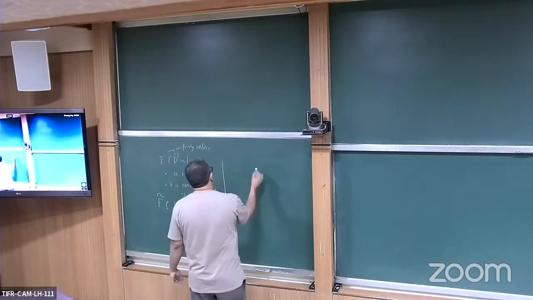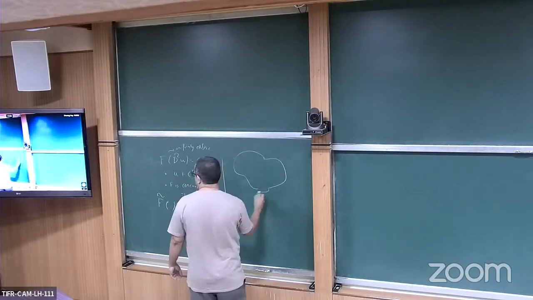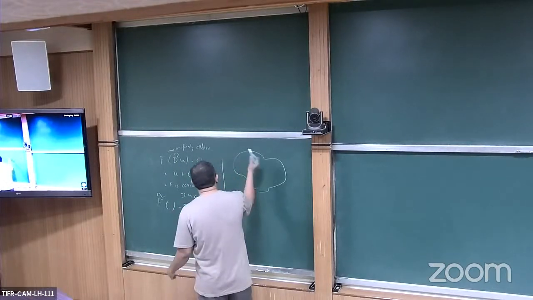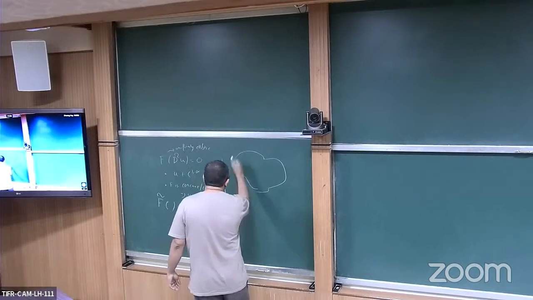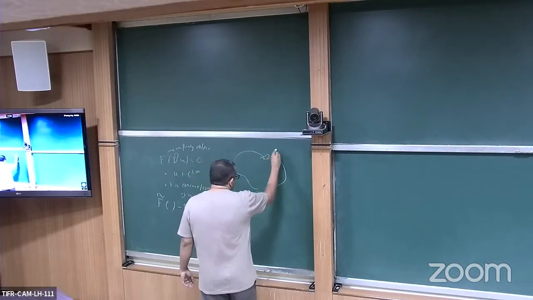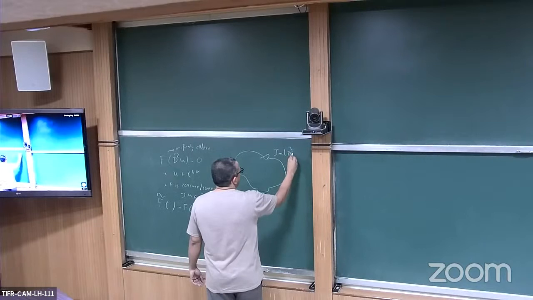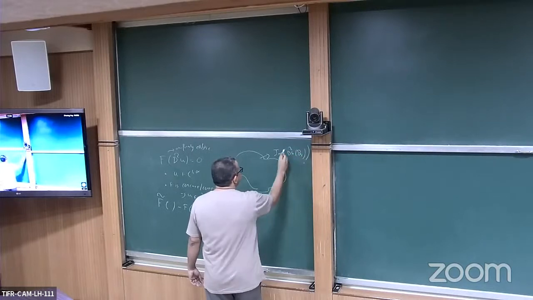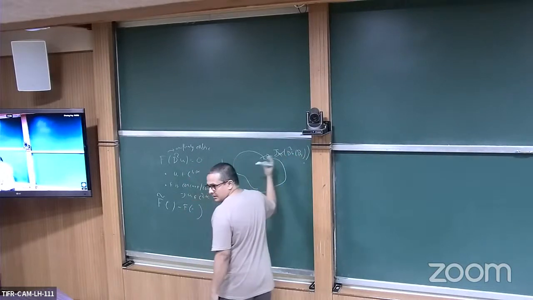The argument was that you look at the diameter of the image, and then you cover it with balls. The image is irrelevant after this step.